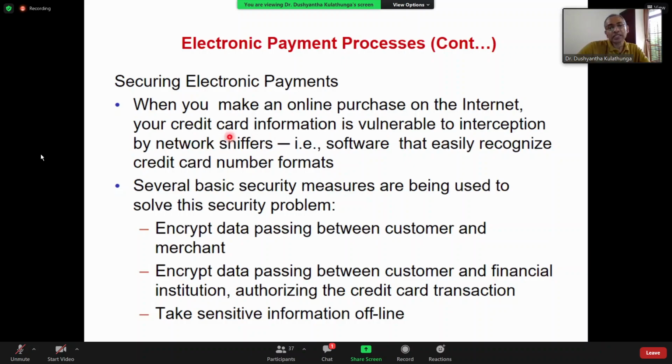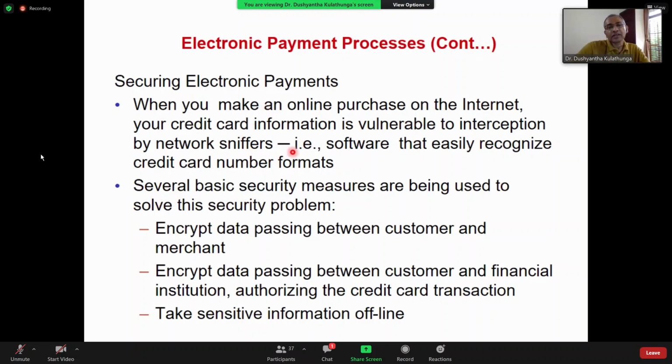For that, they are utilizing a particular category of software identified as network sniffers. Now, this is not a hardware gadget, this is software. That is software that easily recognizes credit card number formats. So these third parties who try to intercept the communication can utilize these network sniffer programs to identify the communications done between two computers.